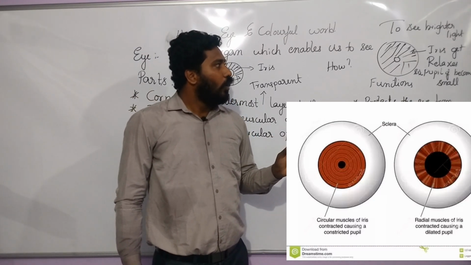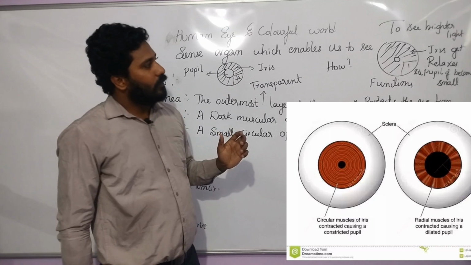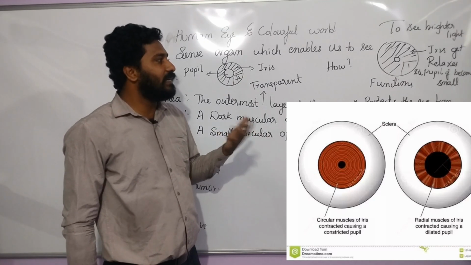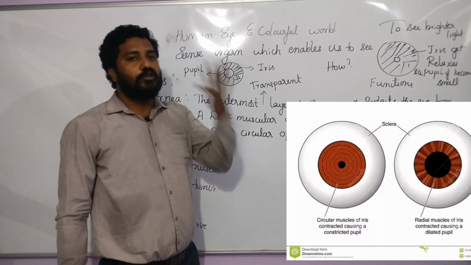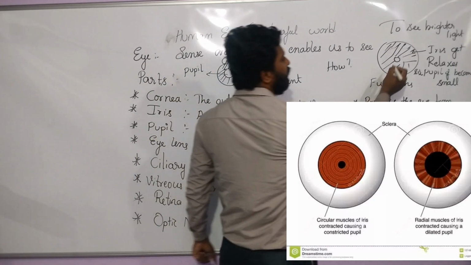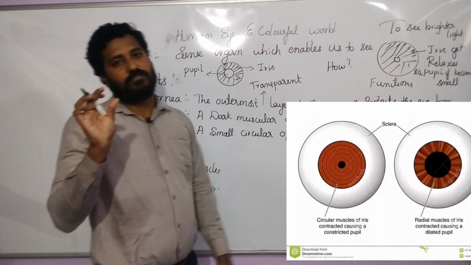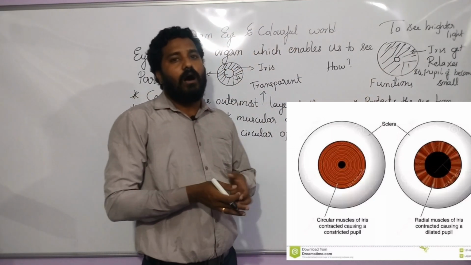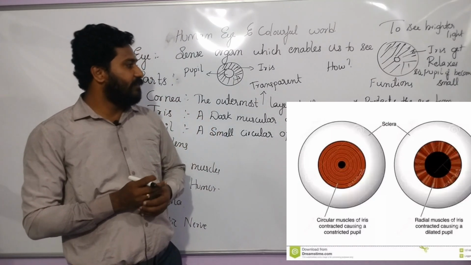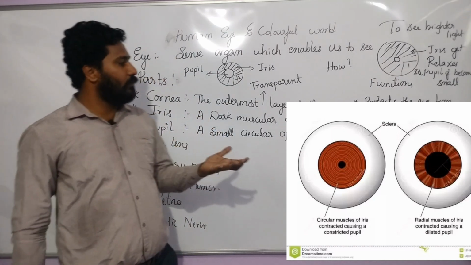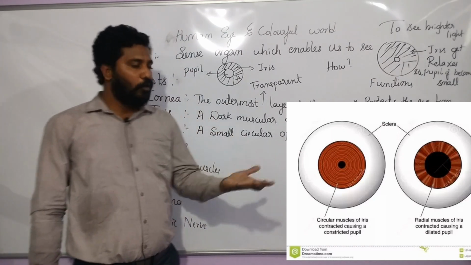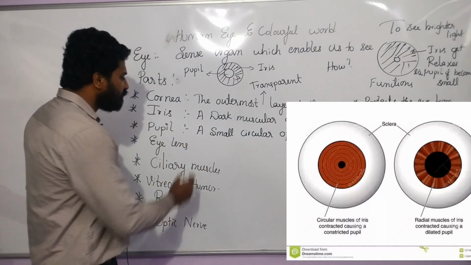And to see dimmer light, the size of the pupil becomes large. This kind of question they will ask you: how does the pupil control the amount of light entering the eye?